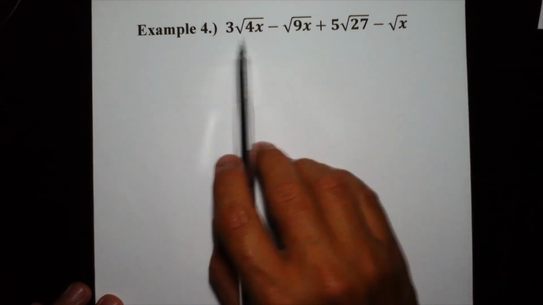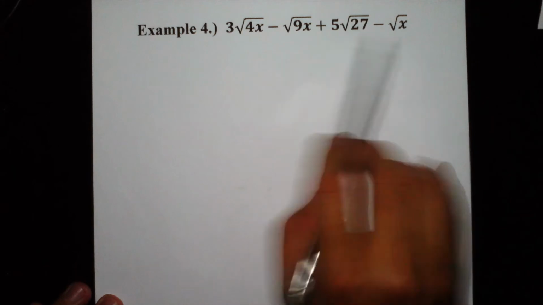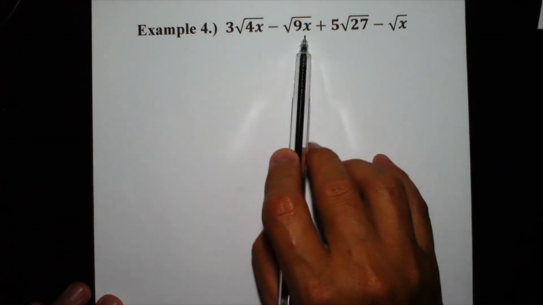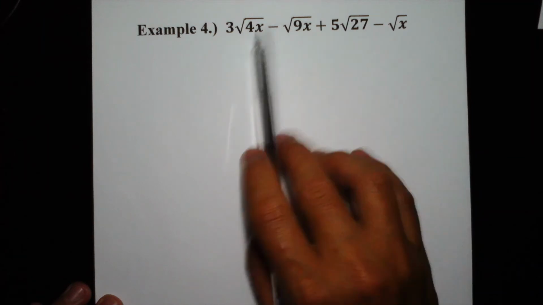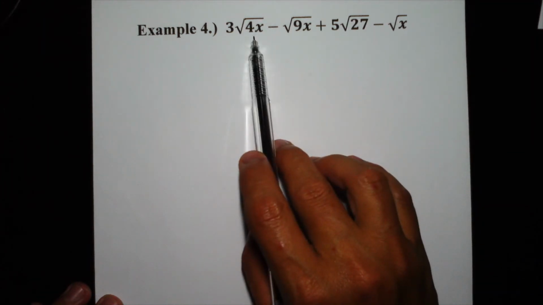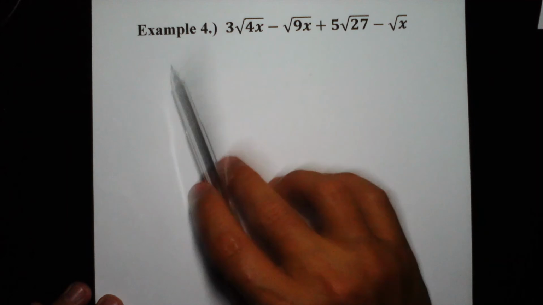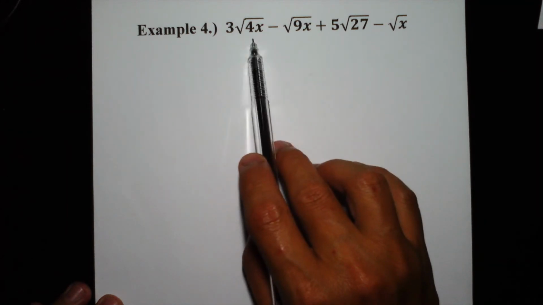Okay, as you can see, they are the same in order, but they are different in radicand. So we need to first simplify them, transform them in such a way that they are similar in radical.